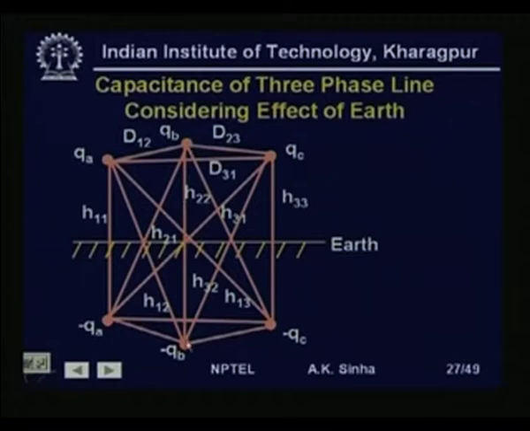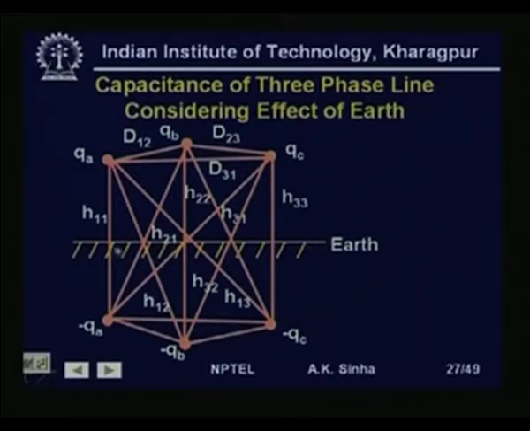Similarly, for B we have image conductor here, and C we have image conductor here, and we have all these distances given from conductor to image conductors as well as between the conductors. And if we use this configuration, then this earth effect is taken into account.